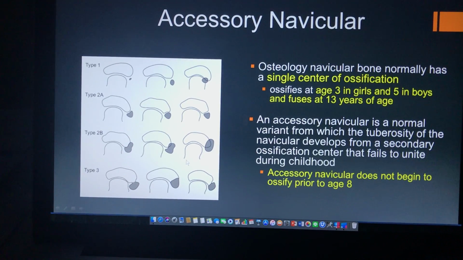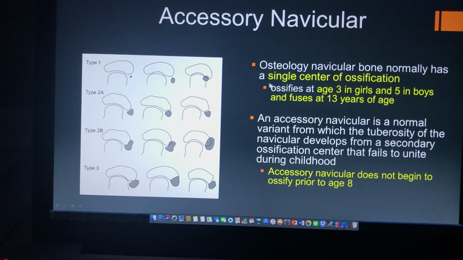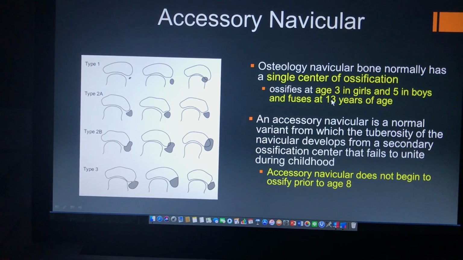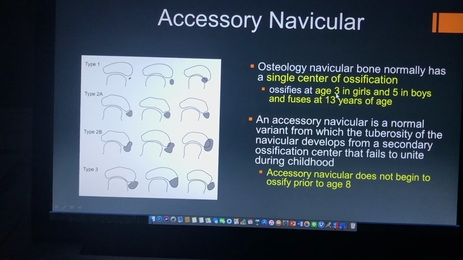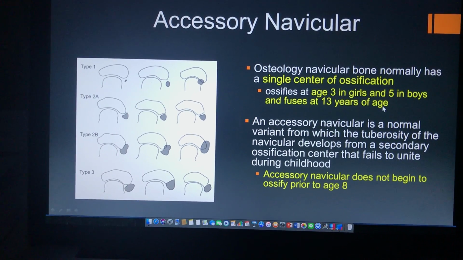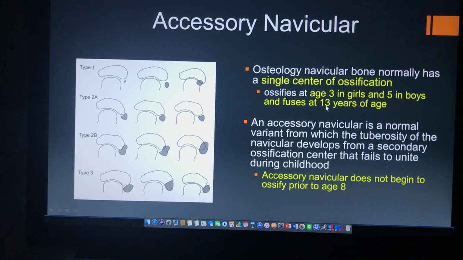Normally, when we look into the navicular bone, it has a single center of ossification. It usually ossifies, meaning calcium deposits grow, at 3 years old in girls and 5 years old in boys, and fuses completely at 13 years old.